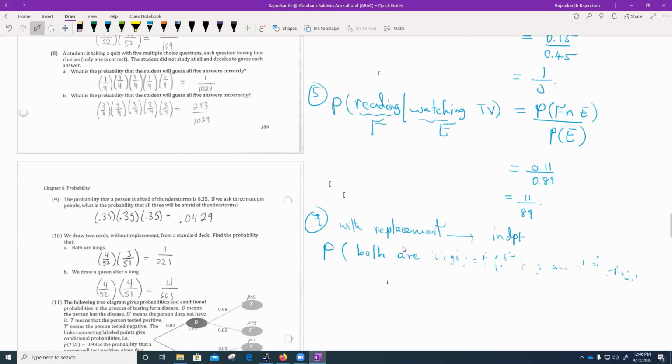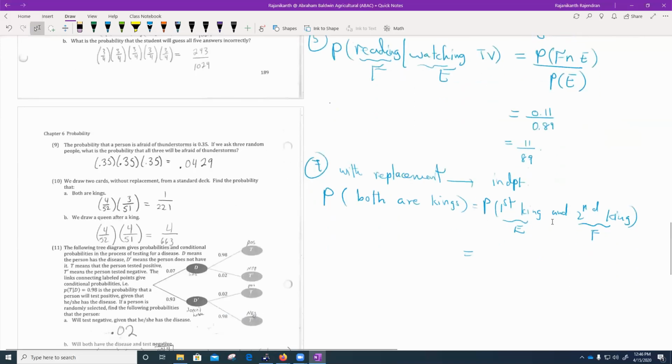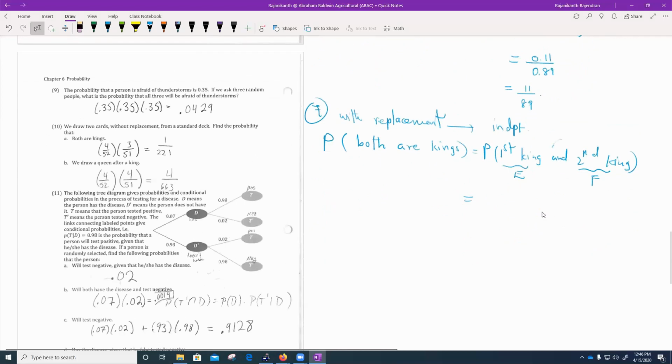Basically, we now have two events. This is my event E. This is my event F. Remember, these two events are independent events. Therefore, formula one says that it is simply the product of these two events. That means the probability of the first card being a king, multiplied by the probability of the second card being a king.